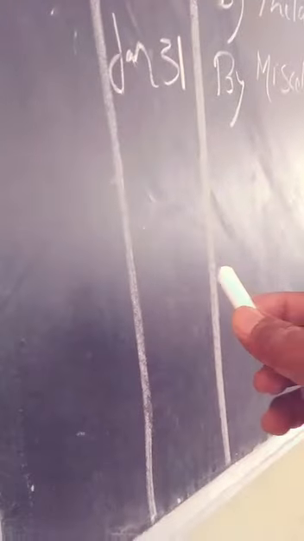Now you total here, all items you total. And this side you give this way.